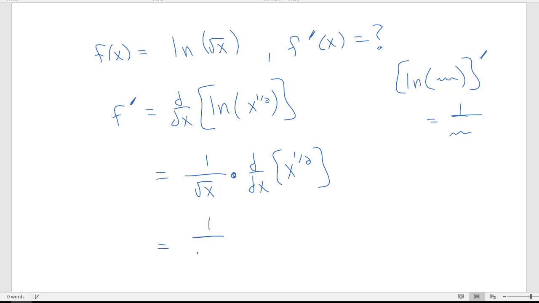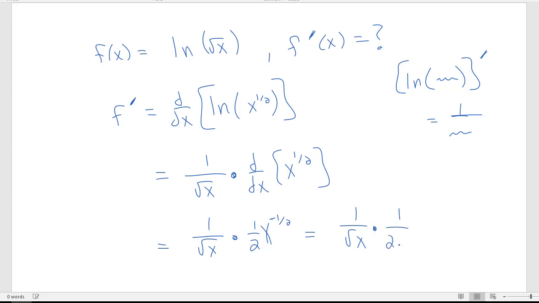All right, now when I differentiate x to the 1/2, what do I get? I bring the power down, and then I take 1 away. And technically I'm done with my derivative. We could do a little bit of algebra cleanup. Keep in mind this is really pushed into the denominator, and it changes the sign of the exponent.